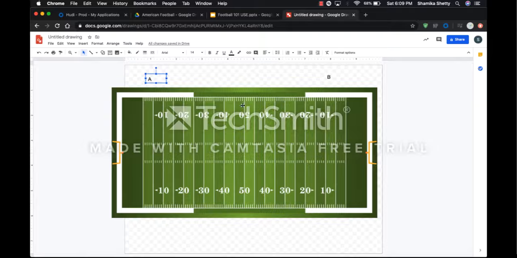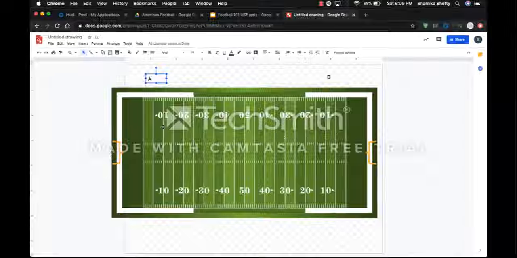Now this is the line 50 that divides the field into two halves. This is one half that is closer to team A and the other half is closer to team B. So for team A, that is the offensive team, the area that comes before the 50th yard line is the negative zone, and the area for team A that comes after the 50th yard line is the positive area.